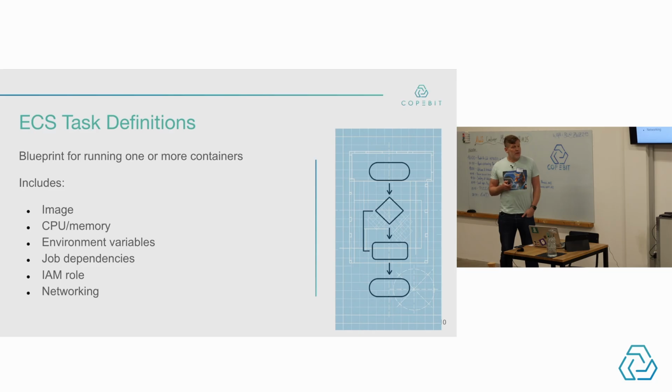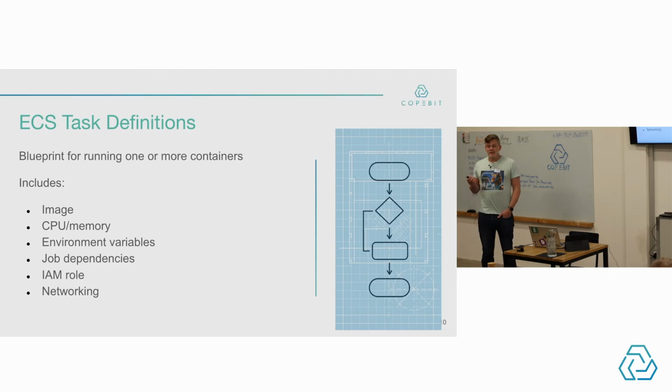And then what we run on this ECS cluster is ECS task definitions. So that's equivalent to Kubernetes pods. And it's one or more containers that are then orchestrated together.